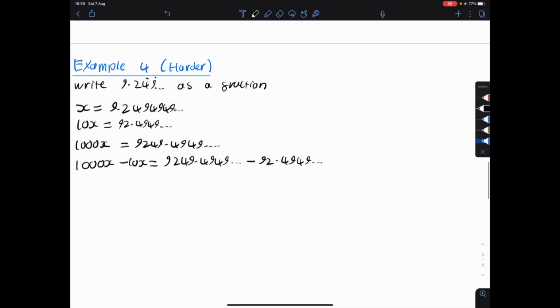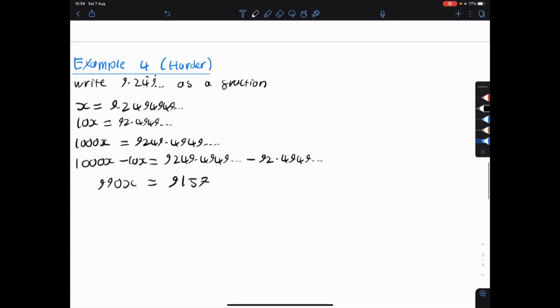And from this, on the left-hand side, we're going to get 1000x take 10x equals 990x. And on the right-hand side, it's a bit more messy than before, but those decimals are going to cancel out. And if we work out the answer to this, we're just going to get 247 on the right-hand side.